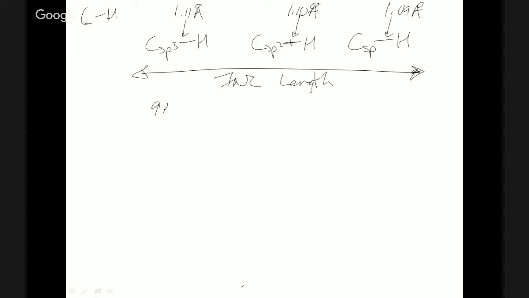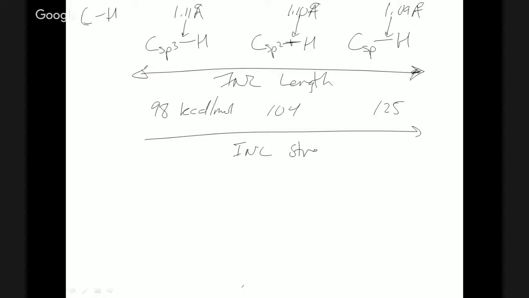Okay, so here we have 98 kcals per mole for this CH. We have 104 and 125. Notice it's definitely not additive. These are different bonds that we're talking about, but we see the CH bond getting a little bit stronger. The way we're going to rationalize that is by the percent s character.